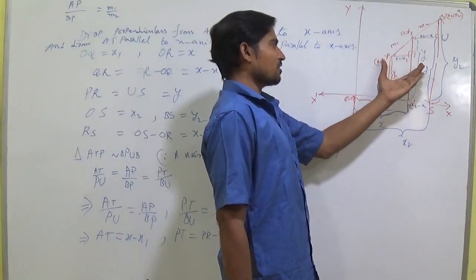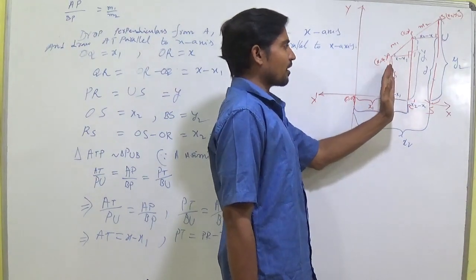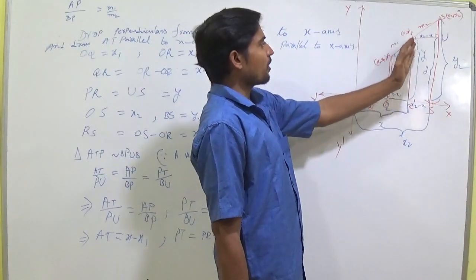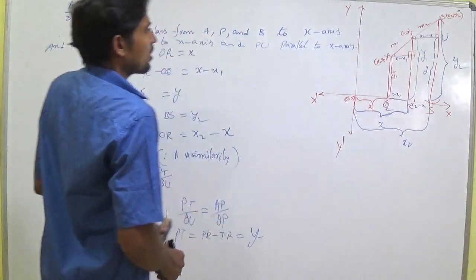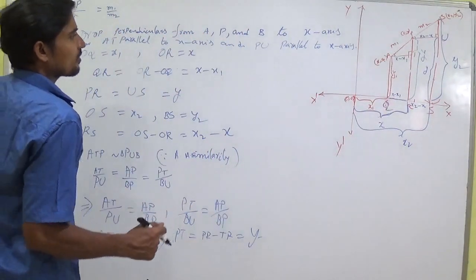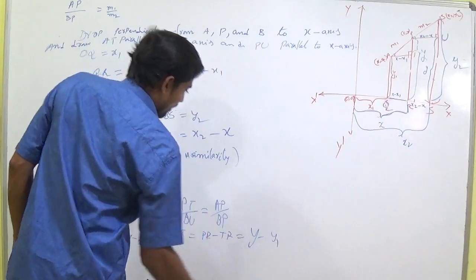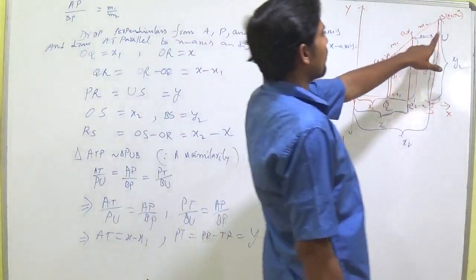TR is, this is a rectangle. AQRT is a rectangle, so opposite sides are equal. This is Y1, so this is also Y1. So PR minus RT equal to Y minus Y1.